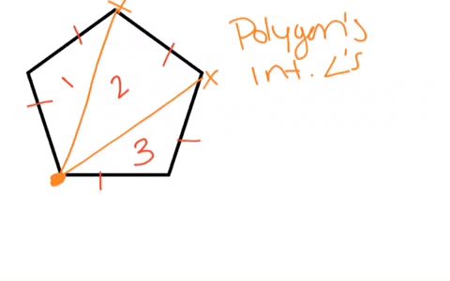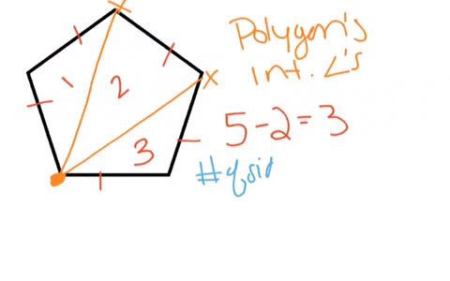So the number of sides, which is 5, minus 2 equals the number of triangles. Let me write that for you. So we have number of sides minus 2 equals number of triangles. Okay? All right, let's do another one.